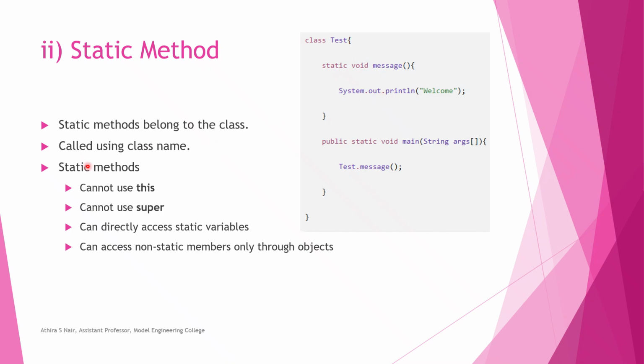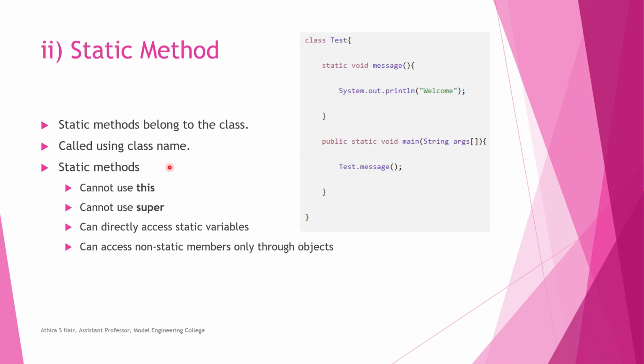So there are some important rules for using static methods. A static method can directly access static members, but a static method cannot directly access an instance variable. Because an instance variable belongs to an object, and a static method can execute without an object.